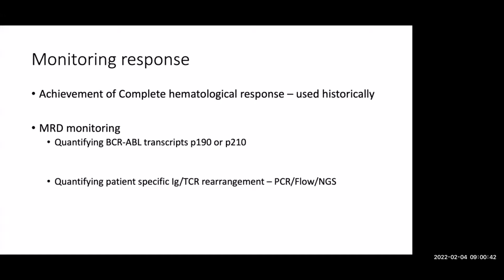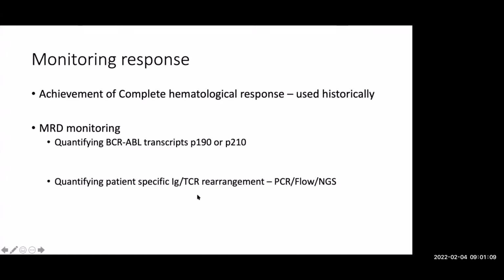Now, minimal residual disease assessment can be done in patients, as we have seen in the Ph negative subgroup also. However, in Ph positive ALL, because of the availability of the 9;22 translocation, we can actually monitor the minimal residual disease using BCR-ABL transcript quantification.